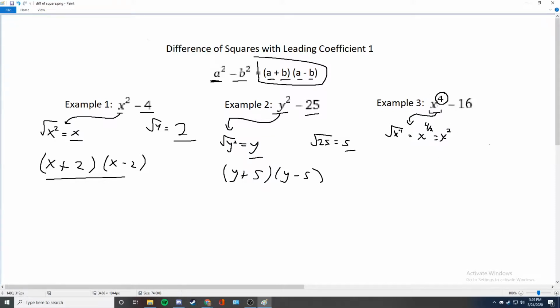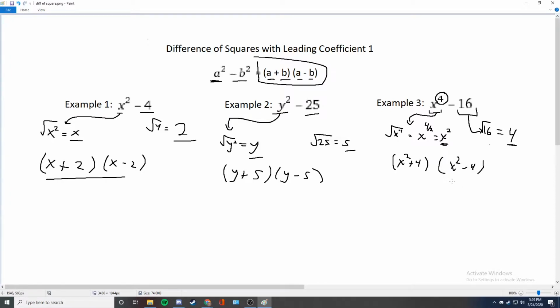So x to the 4th will split up into x squared times x squared. And then 16 itself is a perfect square, so the square root of 16 is just 4. So for this one, we'll have x squared and 4. We'll fill that into the general form, x squared plus 4 and x squared minus 4.